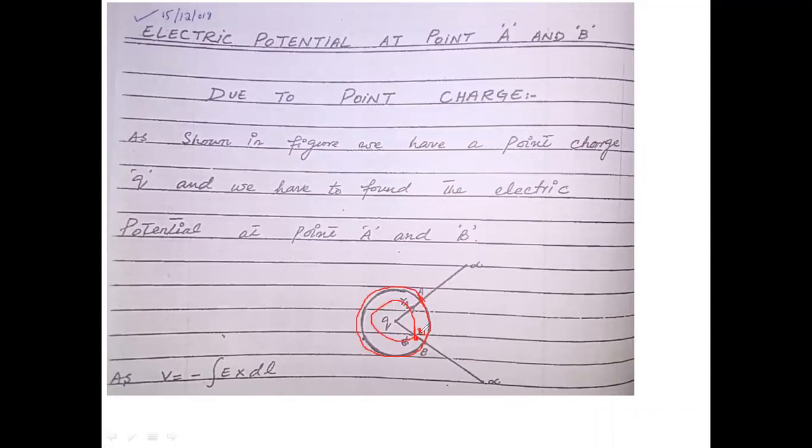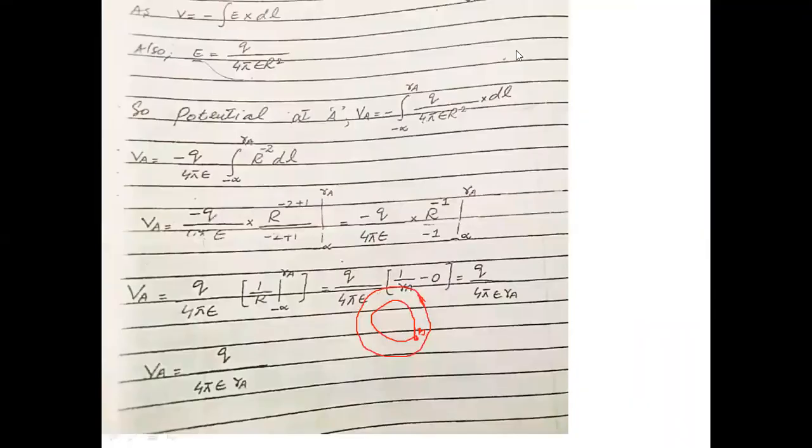Now I have to find the electric potential, or the work done in moving a charge from point A to point B. As V is equal to minus integral E dot dl, and E is equal to Q over 4 pi epsilon r square, the potential at point A, VA, is equal to minus the integral from infinity to RA of Q over 4 pi epsilon r square.